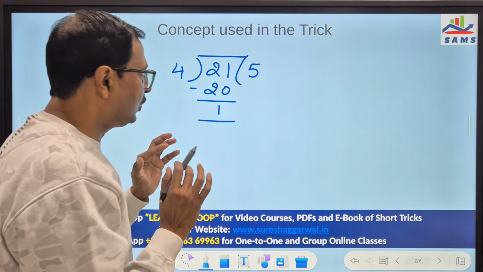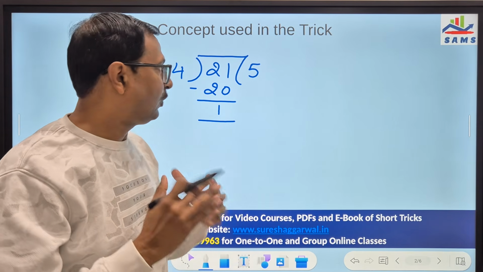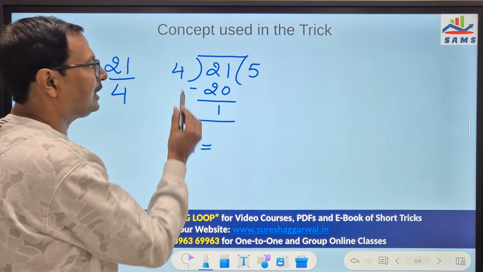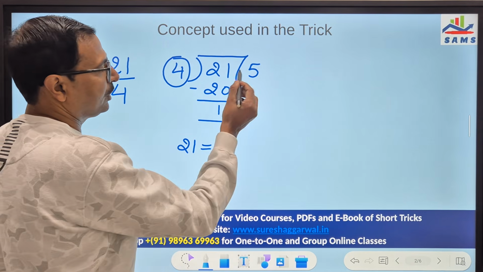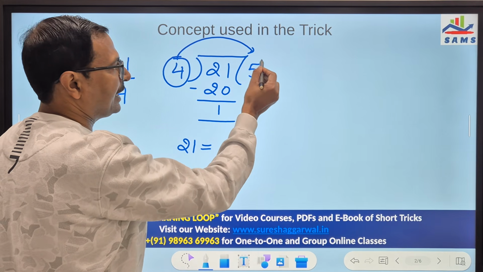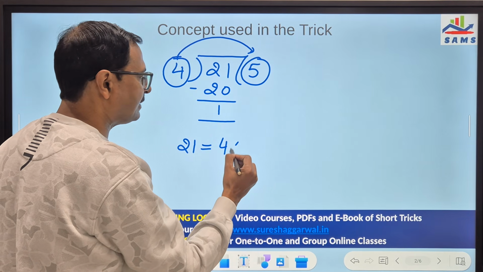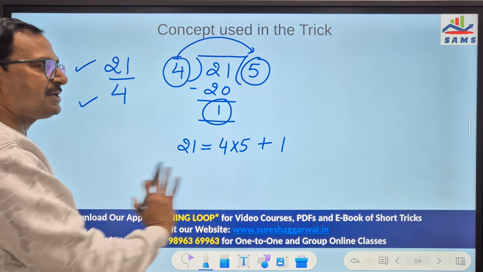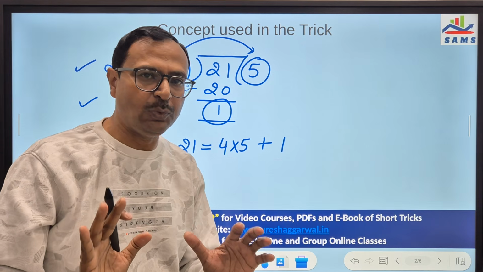Now I hope you understand how division works. Like the dividend 21 will be equal to the divisor multiplied by the quotient, 4 times 5, and then add the remainder to that. This is the verification of division, what we do, right?